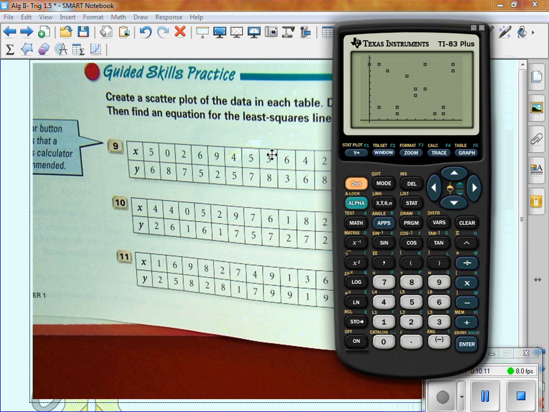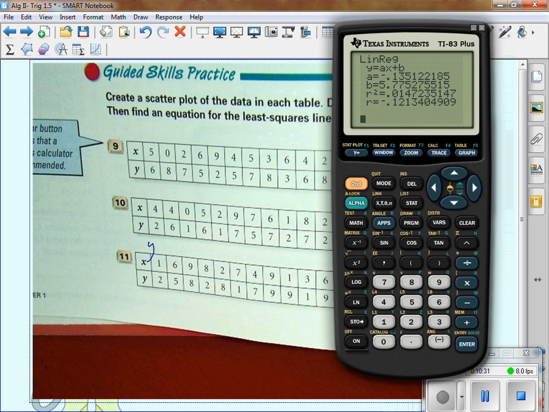Now, to find out what my correlation is, or the line of best fit, hit Stat, Calc, 4, Enter. Since we've already turned the diagnostics on once, we don't need to do it again.